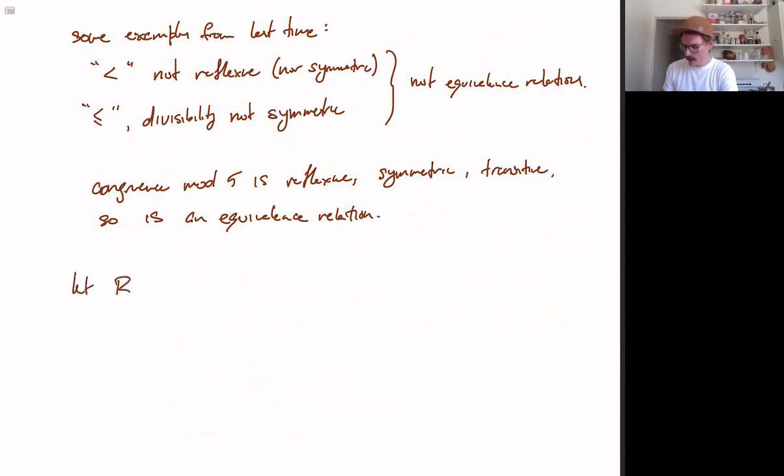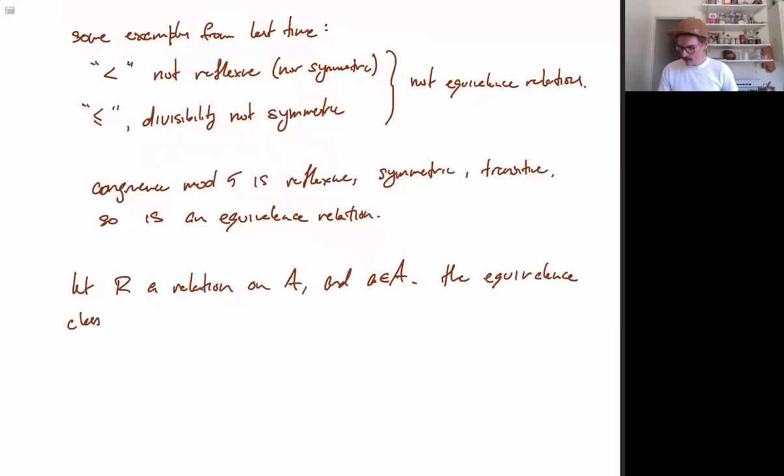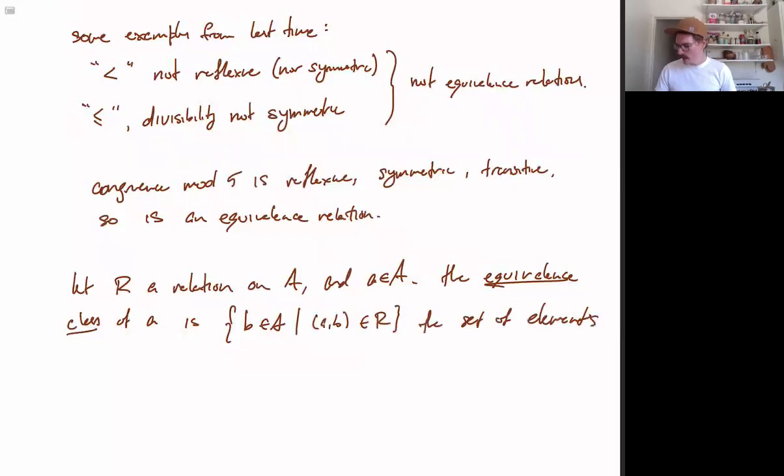So let R be a relation on a set A and choose an element a in our set A. Then define the equivalence class of little a to be the set of b in A such that (a, b) is in R. So this is the set of elements in our set A that are related to little a.